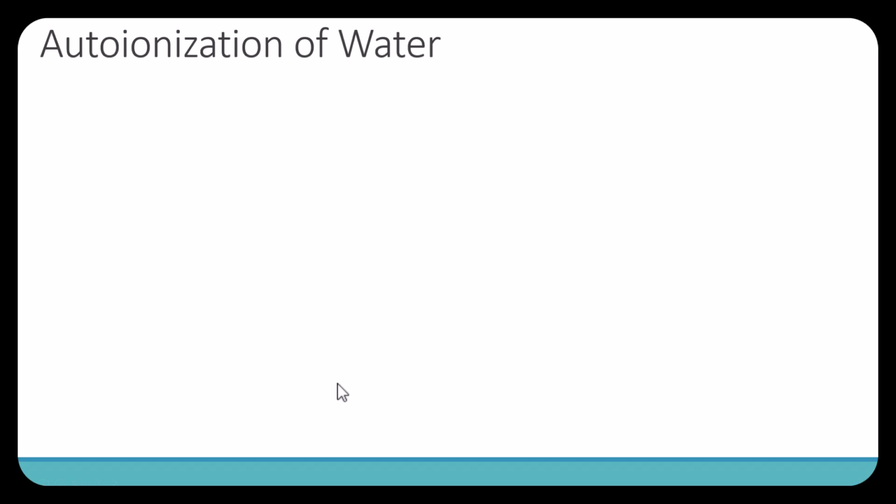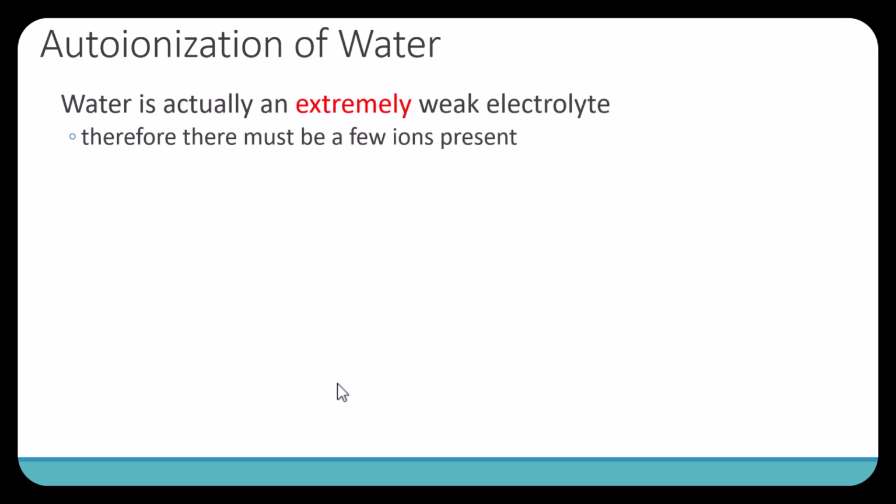So we saw acid ionization when we mixed an acid into water. We saw base ionization when we mixed a base into water. Well, as it turns out, water is actually an extremely weak electrolyte in and of itself. So if we have a beaker of water, of just H2O molecules, there's actually some that dissociate and create some ions.